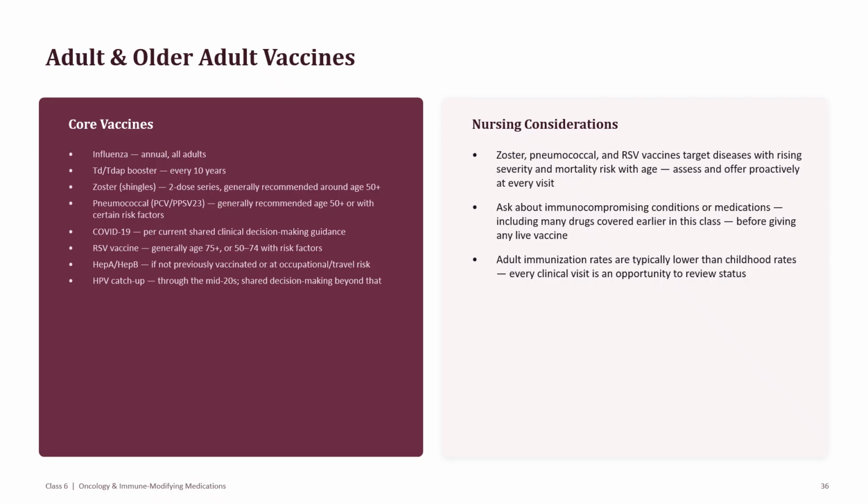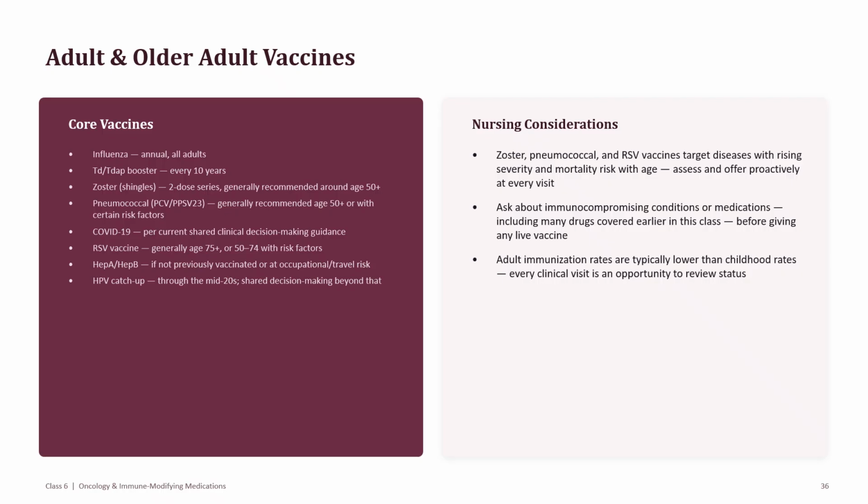Assessing and offering these proactively at every visit matters because adult immunization rates run consistently lower than childhood rates. Nobody's tracking a grown adult's vaccine schedule for them the way a pediatrician's office tracks the vaccination record of toddlers.